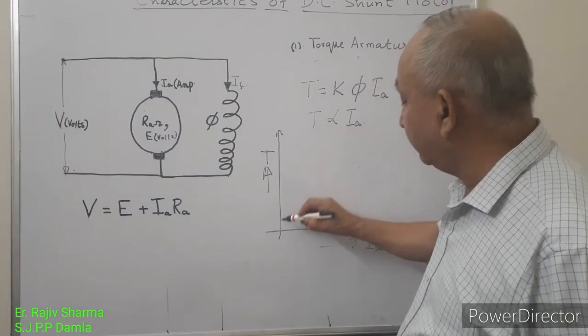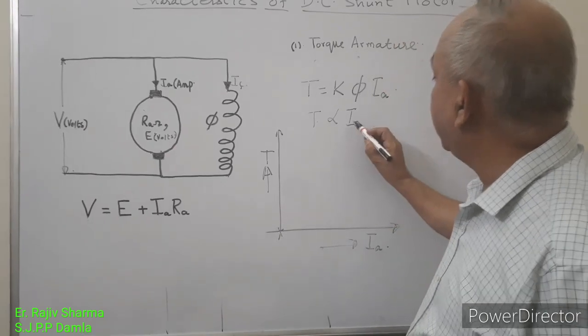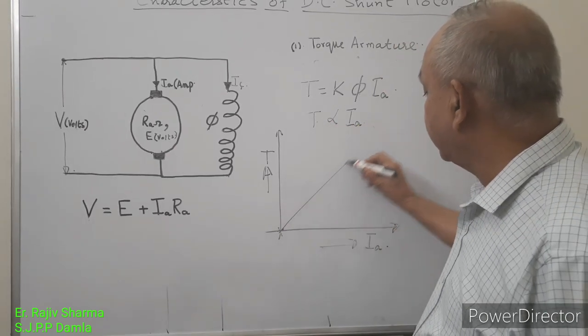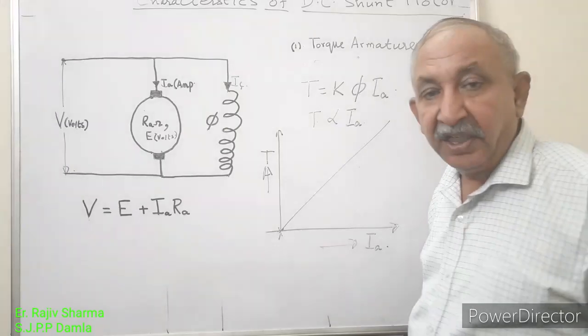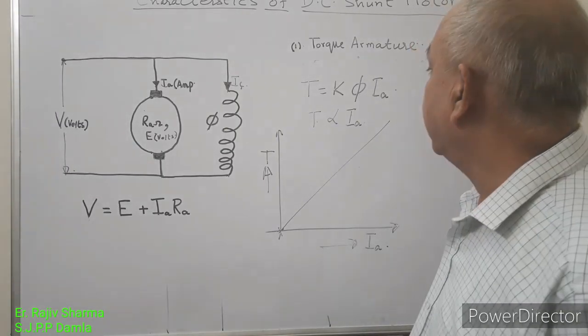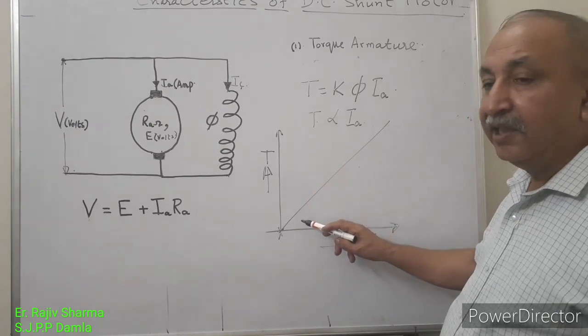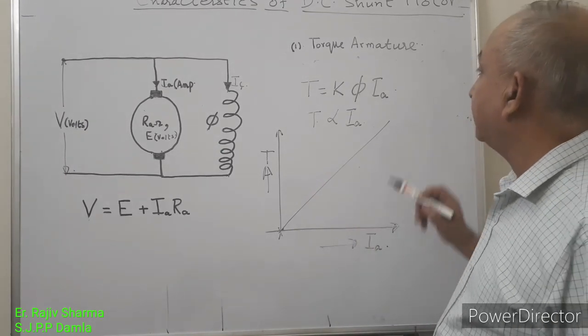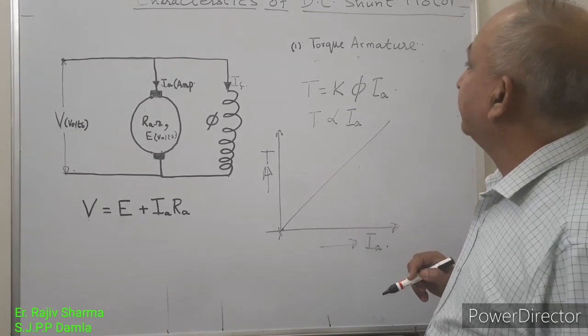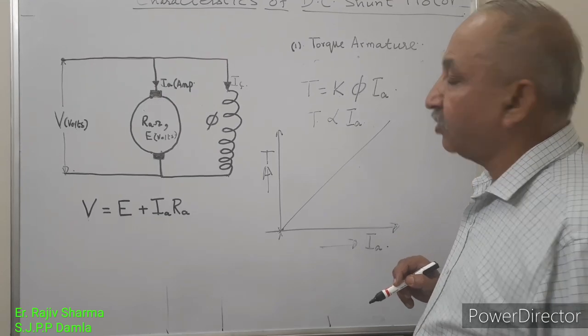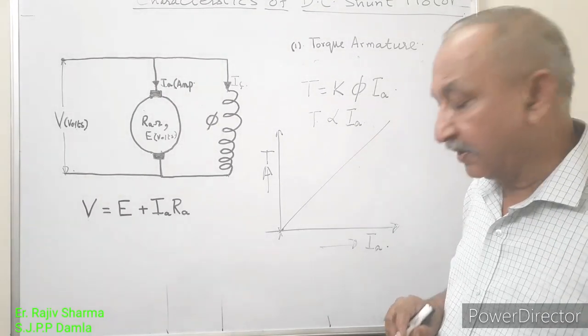When IA is 0, T is 0. As IA increases, torque increases. So this is the equation of a straight line passing through the origin. The torque increases linearly with the increase in armature current. This was the first characteristic, the torque armature characteristic.